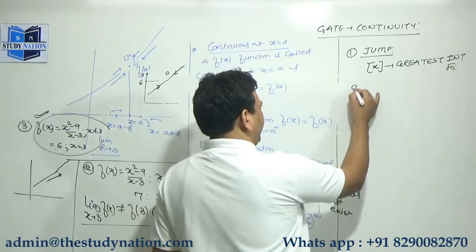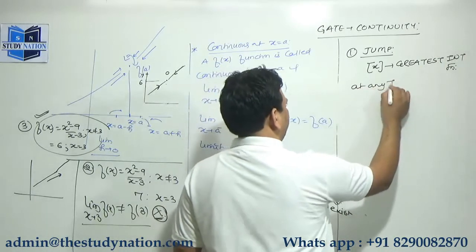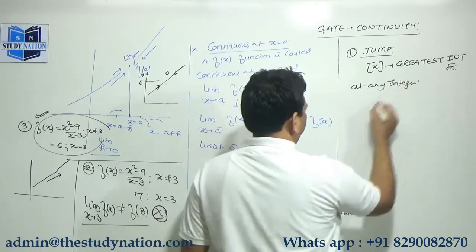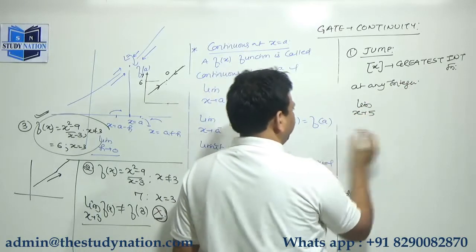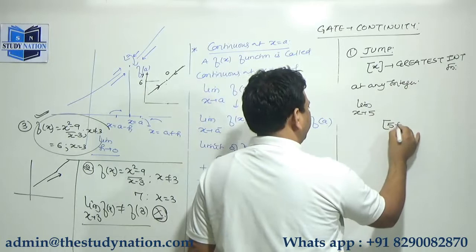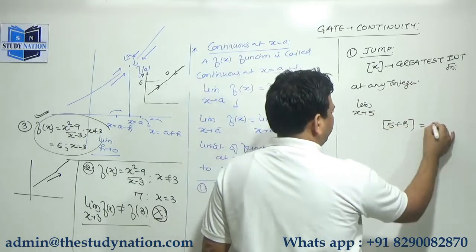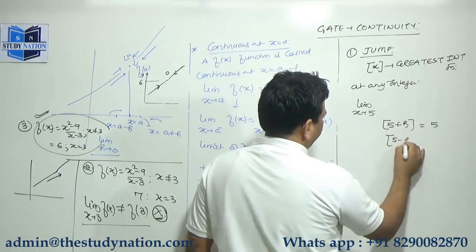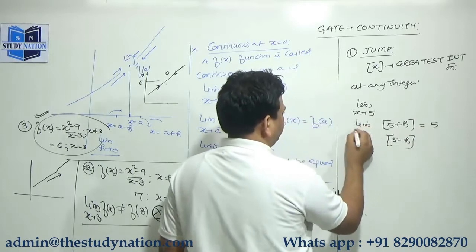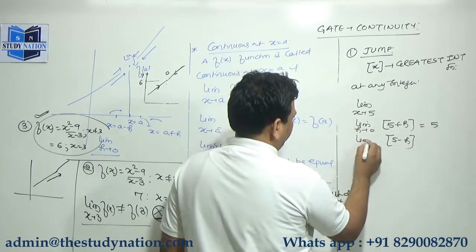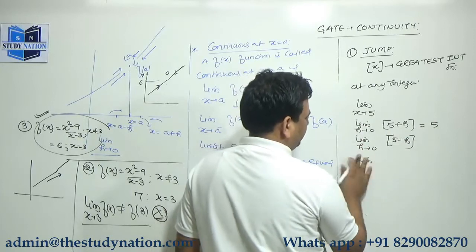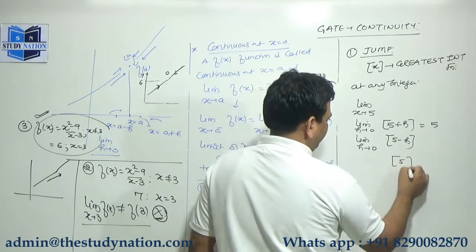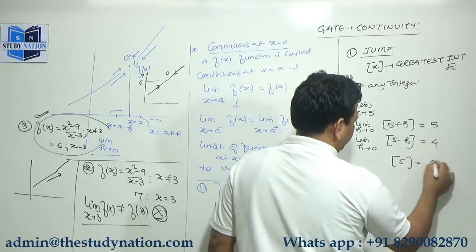So check at any integer. We are taking the limit x goes to 5. So we will say 5 plus h and 5 minus h, limit h goes to 0, and f(5). The left limit is equal to 4 and the right is equal to 5.